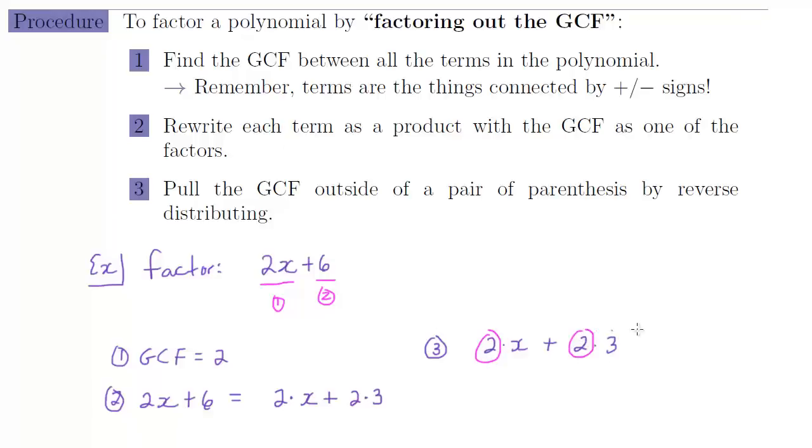It's sitting in both terms. You pull it outside of a pair of parentheses, and then you think, well, what would you have to write inside the parentheses to get back to 2x plus 2 times 3? Well, you've already pulled the 2 out, so that's taken care of, and what you have to write inside the parentheses is what's left over.